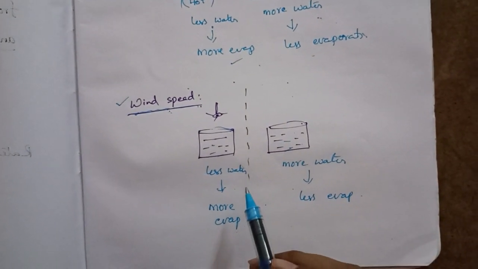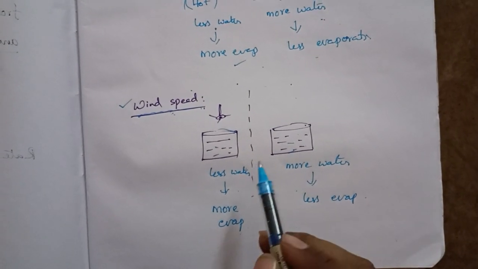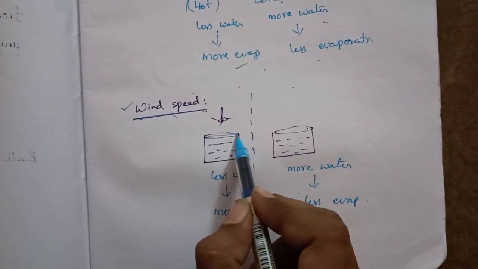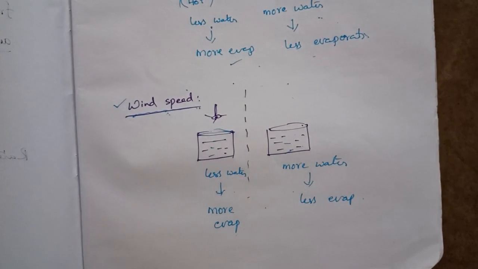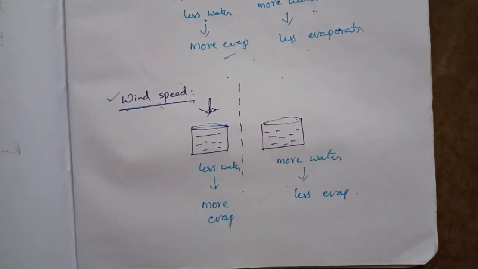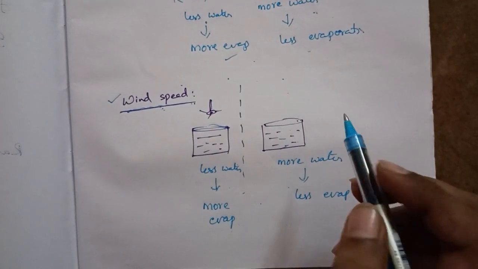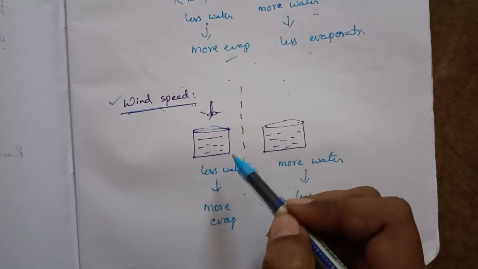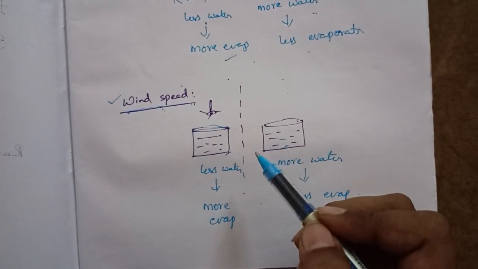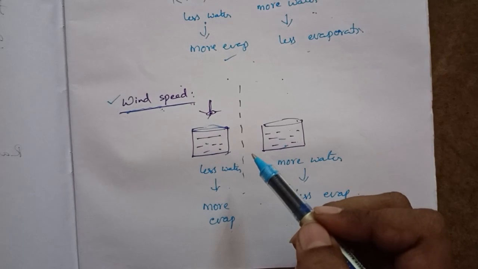Generally, if you take wet clothes, we place those wet clothes under the fan. Sometimes when it is raining outside, we place the wet clothes under the fan to become dry.